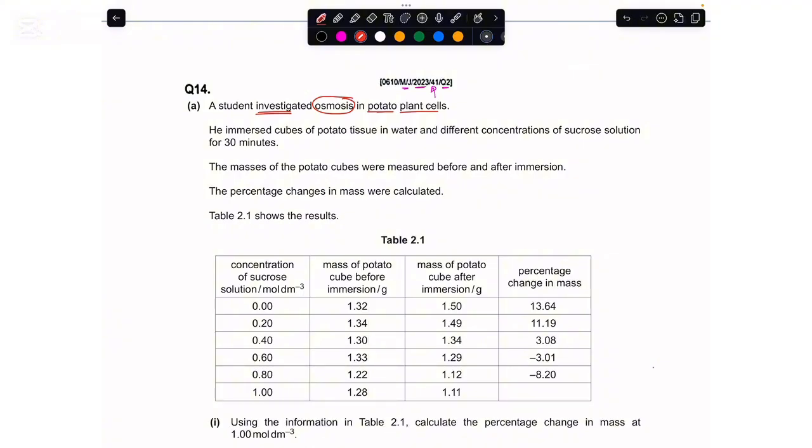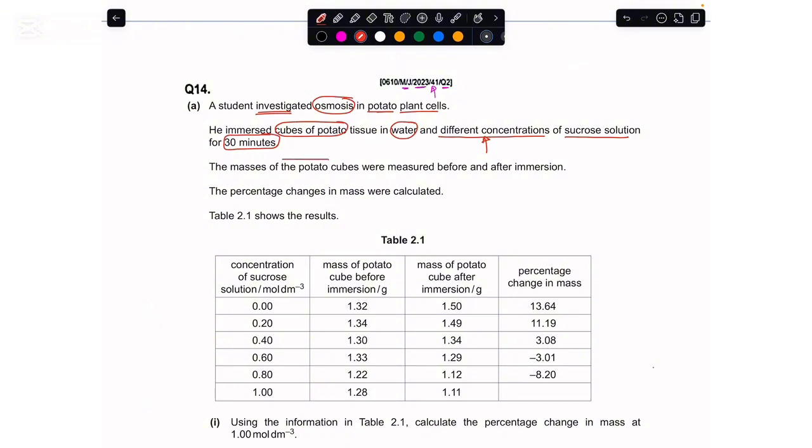What they actually did was cut cubes out of the potato and immerse them in water that had different concentrations of sucrose solution, and they kept these cubes of potato tissue for a total of 30 minutes in the different concentrations of sucrose solution.